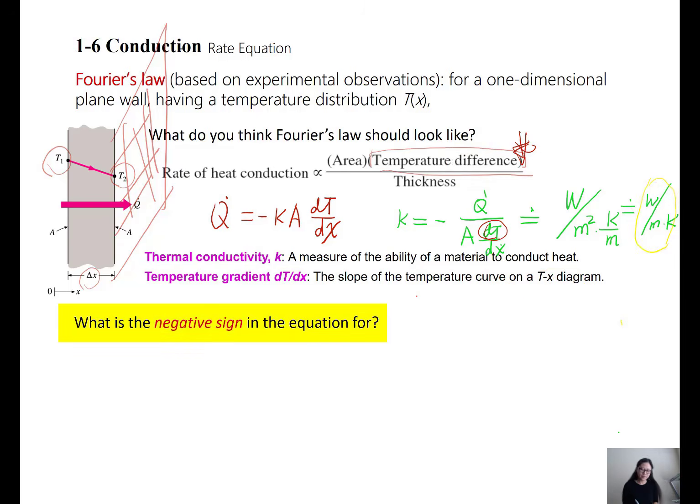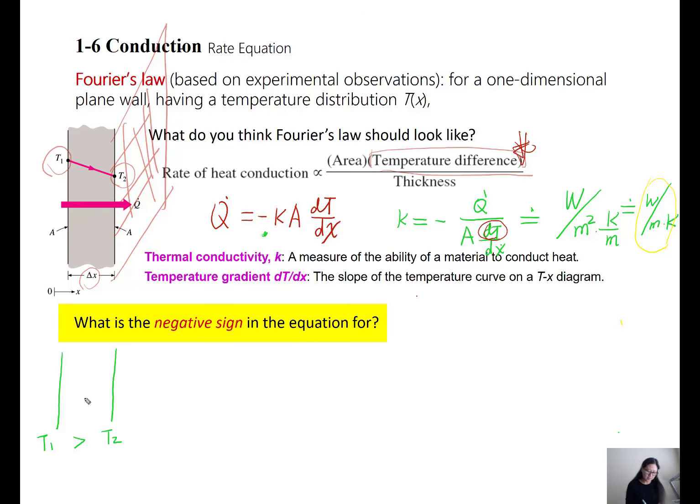Another question for you. What is this negative sign for? Do we really need it? Let's consider two cases. Case 1, T1 is larger than T2. We know heat moves from higher temperature places to lower temperature places.